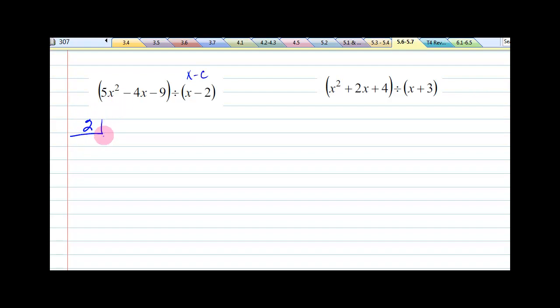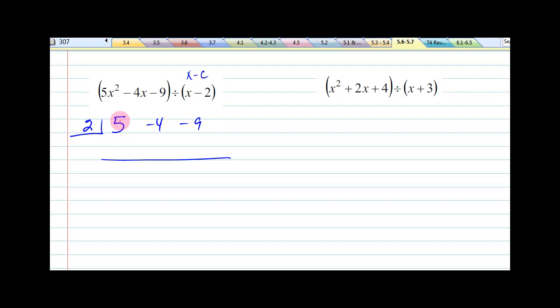And I rewrite my synthetic division, or I set it up only with the coefficients in front of my terms. So I have a 5, a negative 4, and a negative 9. I leave a little space, and then I start the process.